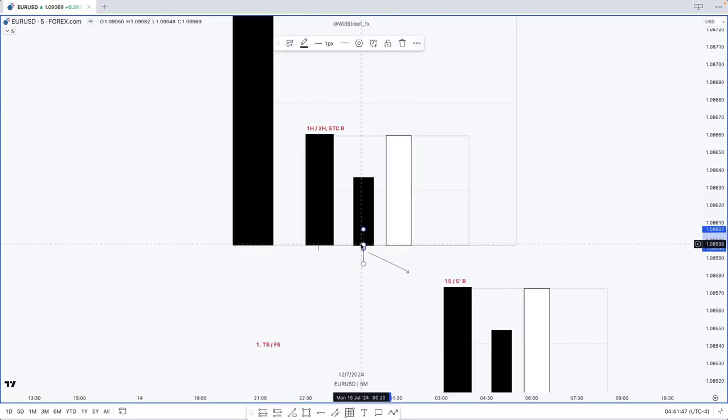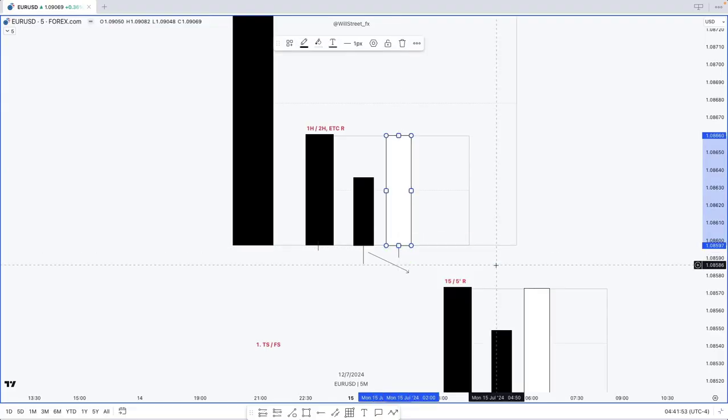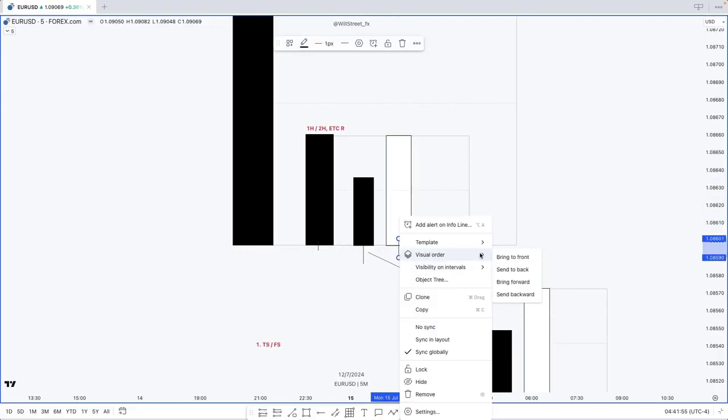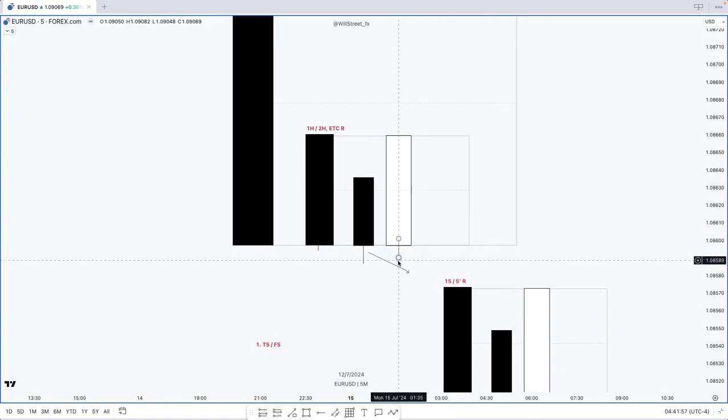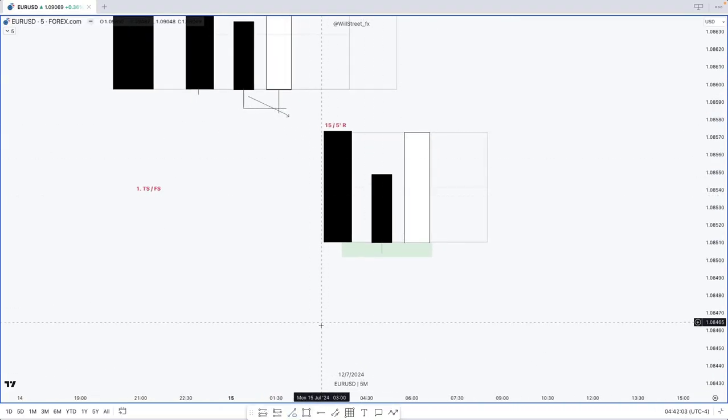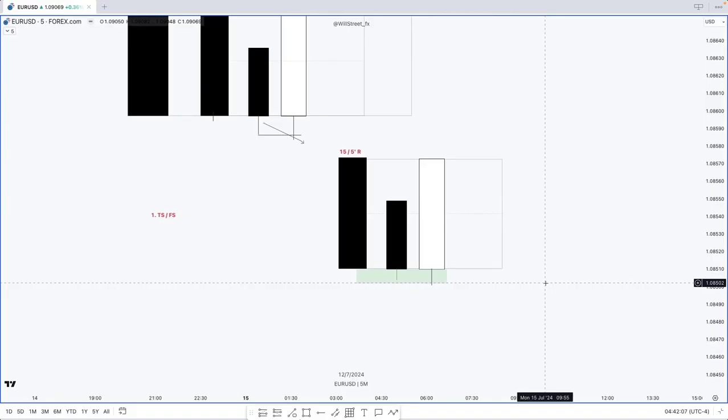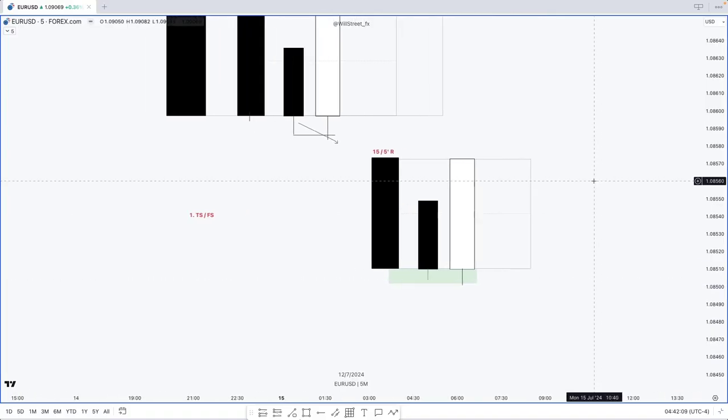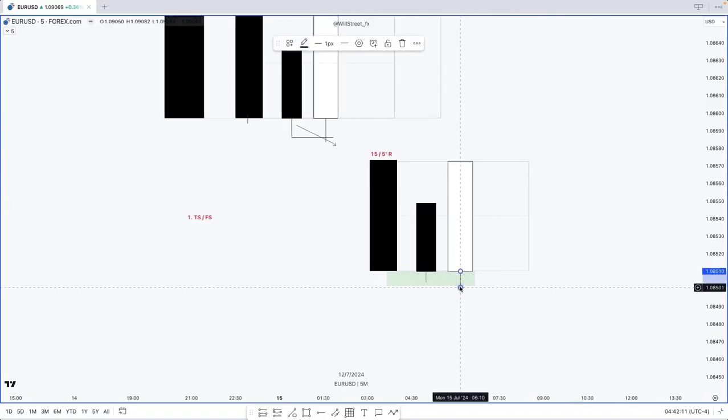Here, we have this. In this case, this is a failure swing. Or in this case, we have an intra turtle soup, which could be something like this in lower time frame. Do you agree? Yes, you do.